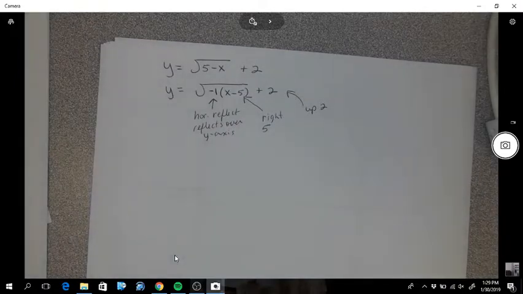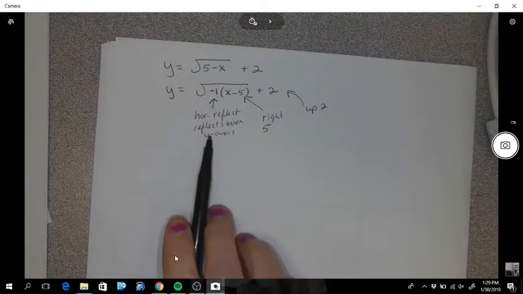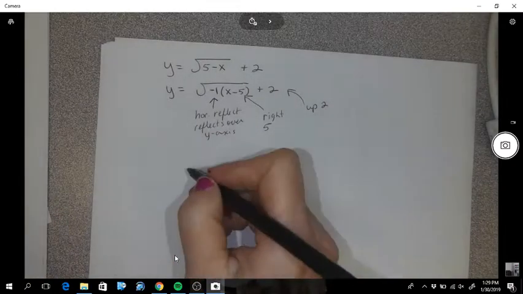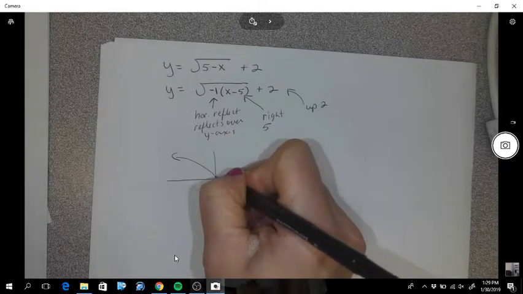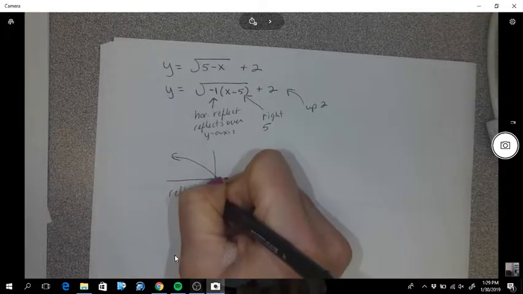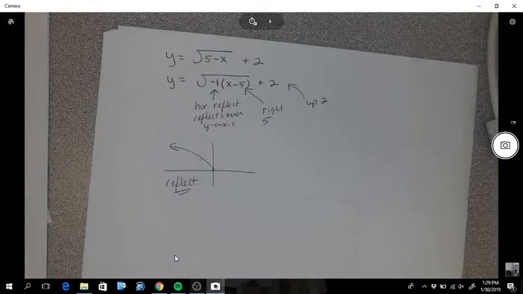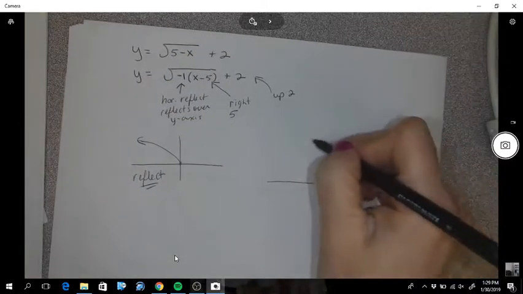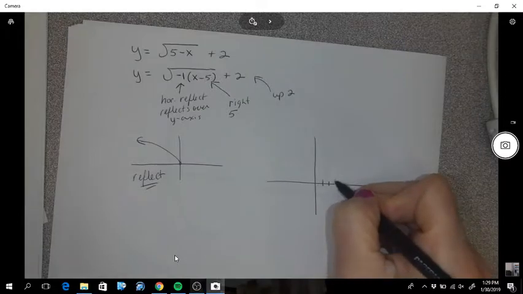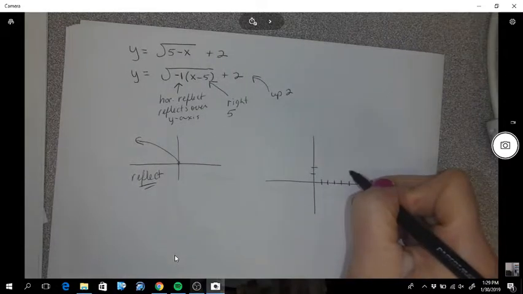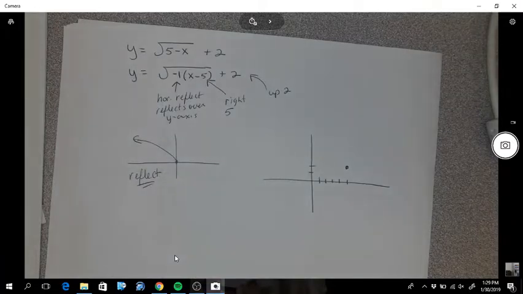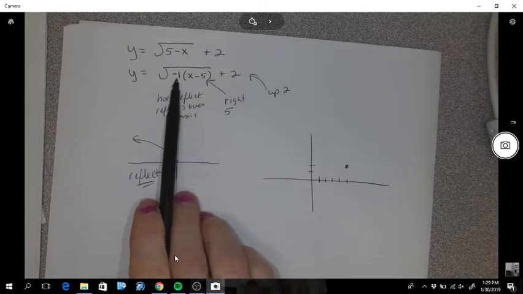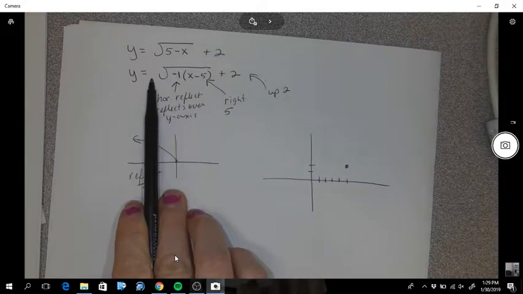Okay, so this must be done in the proper order. So my first thing is a reflection. Okay, so you can kind of see, I'm just going to draw a general picture there, reflect, and then from there I'm going to move 5 right and up 2. So there's my starting point, and the pattern is still going to be the same because we didn't have any compression or any vertical stretch.